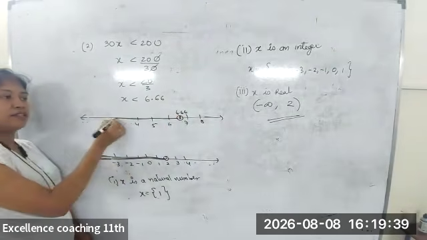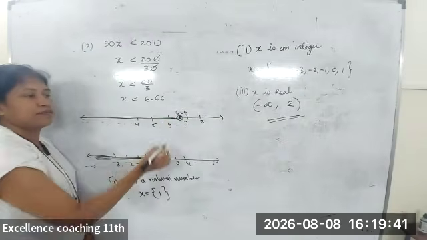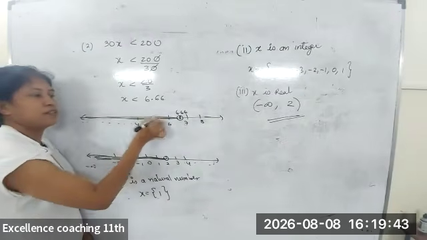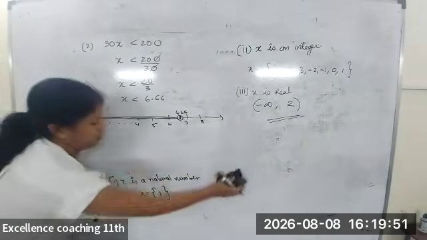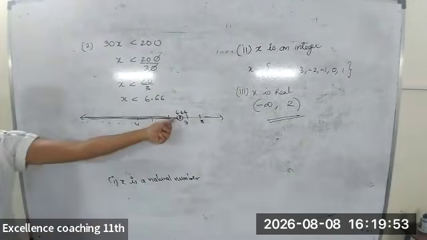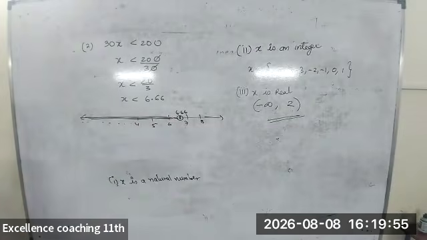So again, open circle. Now less means again on the left hand side only. Also only natural numbers, which all natural numbers are there on this line.